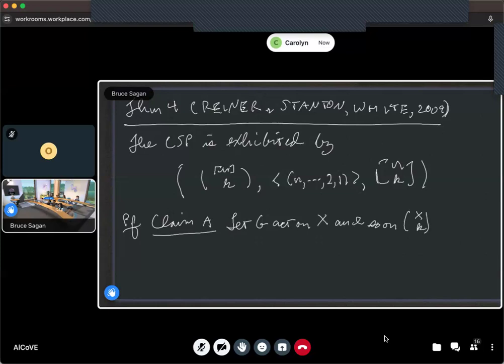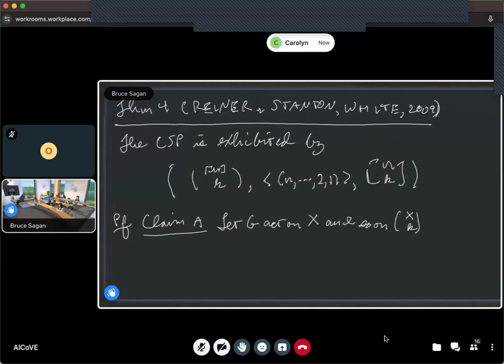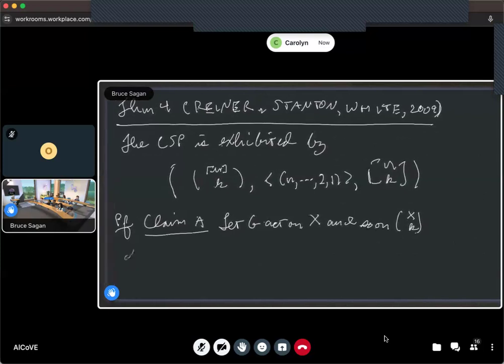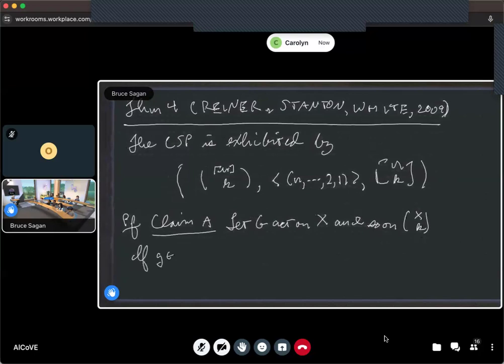We will want to calculate fixed points. So if little g is an element of G and S is one of these k-element subsets, then g fixes S.